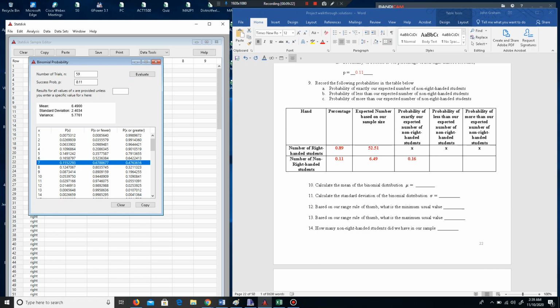And the probability of less than our expected number, well, let's make this a bit simpler. Let's round it up to 7. So our expected number will round up to 7. So 7 or fewer is 0.68, and 7 or more is 0.48.